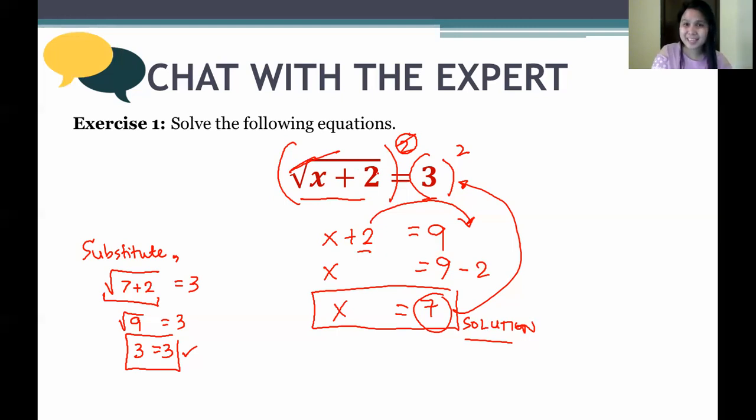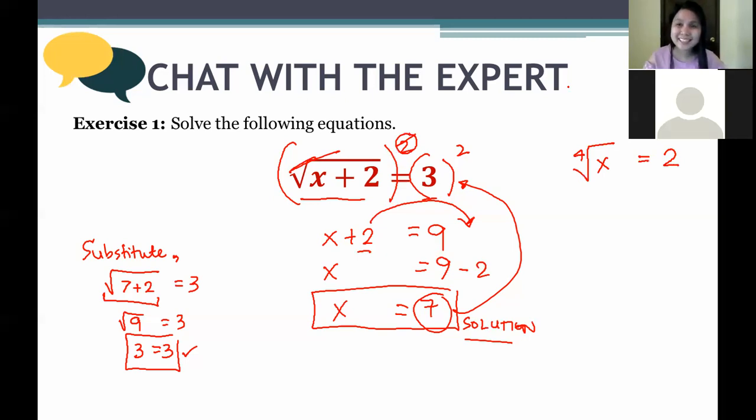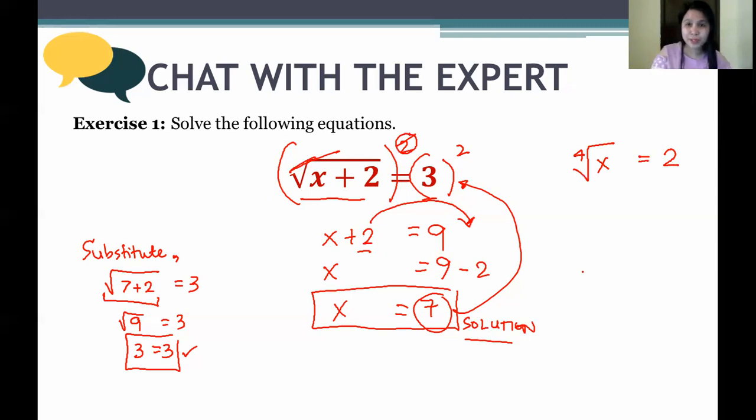I'm not distributing any. Another example: the 4th root of x equals 2. What is now the index? Index is 4. Very good. Since the index is 4, it means that we raise both sides to the power of 4.